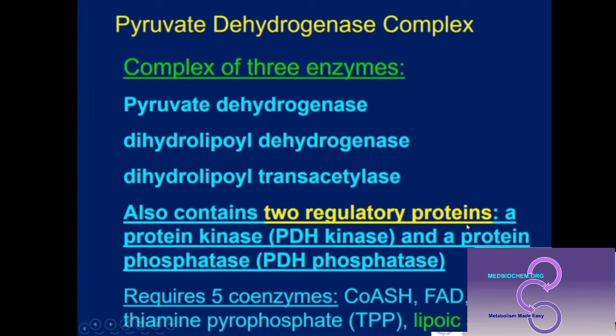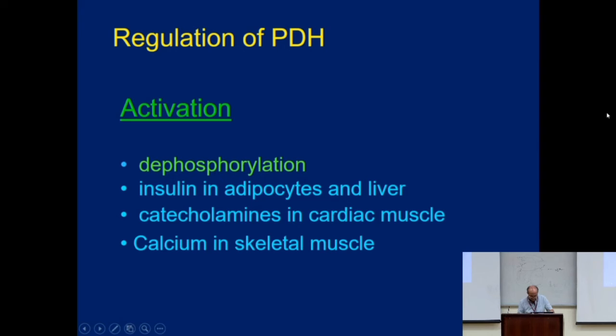The key thing, remember what it produces, where this happens, and don't worry about the details of the sequence, okay? But you need to know that these three catalytic enzymes are directly involved in the conversion of pyruvate to acetyl-CoA. So the pyruvate dehydrogenase complex still has, you remember, two other enzymes: the kinase and the phosphatase.